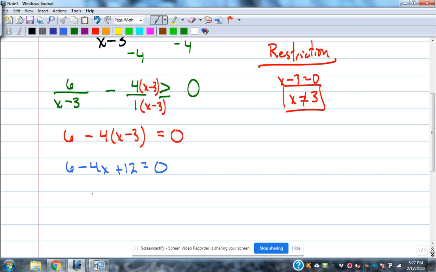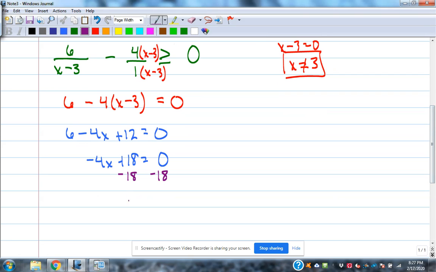That's negative 4x plus 18. And then it doesn't have an x squared, so I'm going to solve it just normally. I'm going to move the 18 over. And then divide by negative 4.